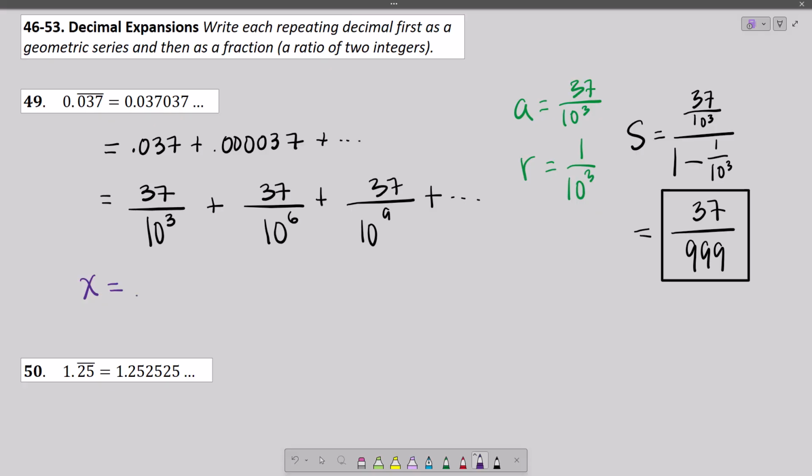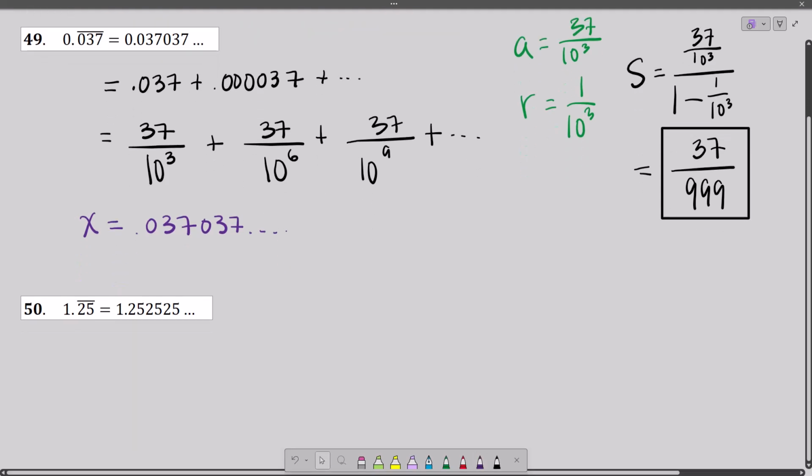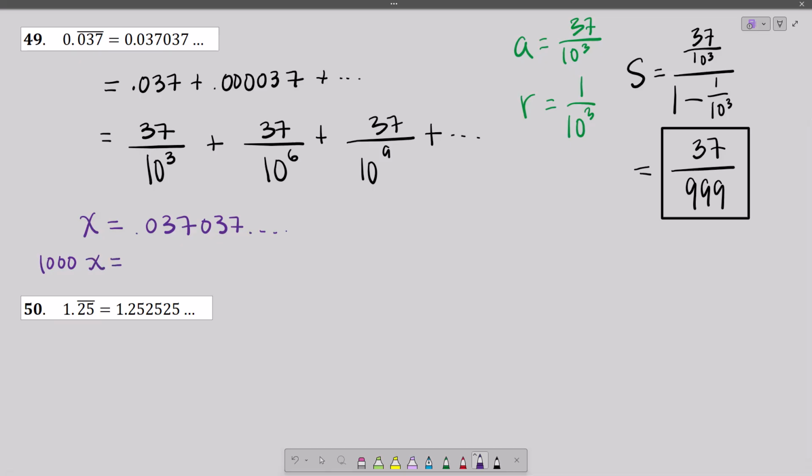So there is an X involved. If we write X as this thing, you multiply both sides by 1,000 so that we sort of peel out the pattern. So if we multiply by 1,000, then we have 37.037037 repeating. And then on the right-hand side here, we turn it into addition, so it's 37 plus what? X, right?